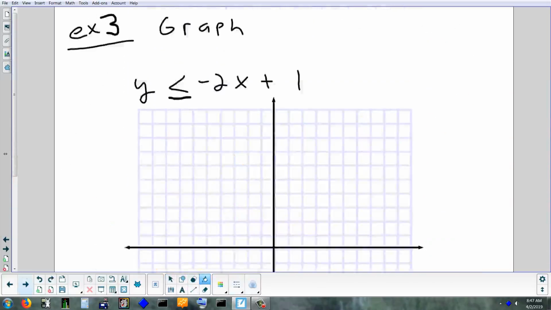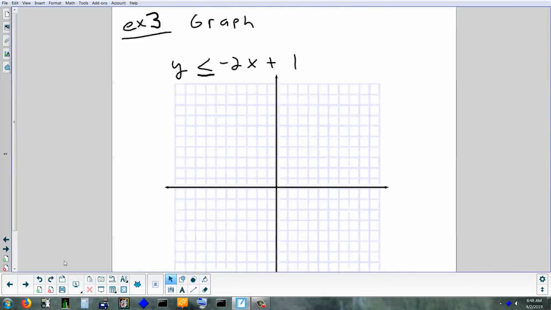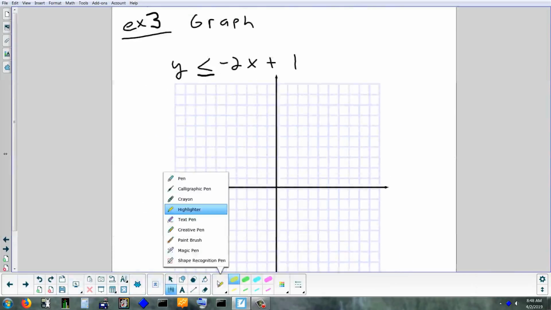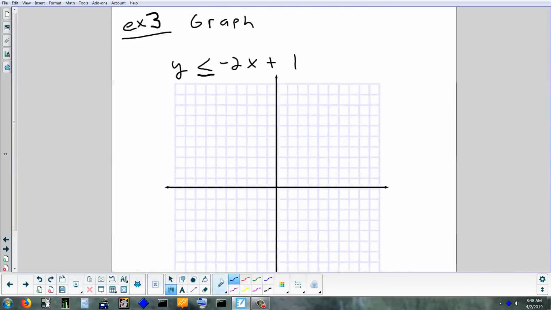All right, let's look at this one. It's going to be example 3 on your notes. So Catherine, what do we need to identify first to help us graph it?